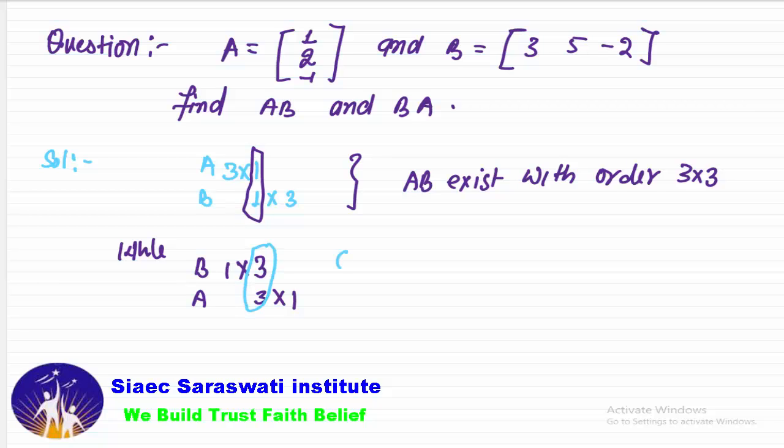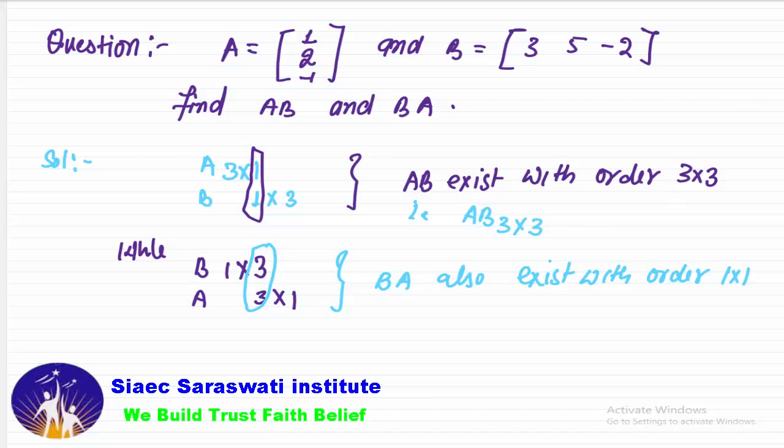So BA also exists, with order 1 into 1. That means AB will be of order 3 by 3 and BA will be of order 1 by 1. Okay, so let's find out.